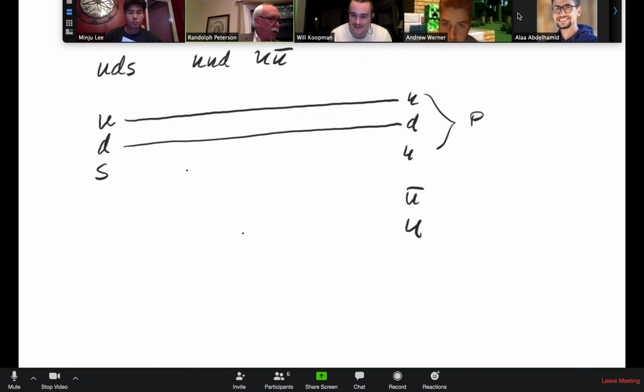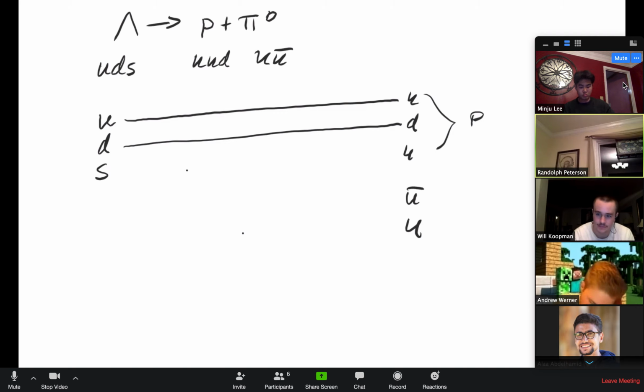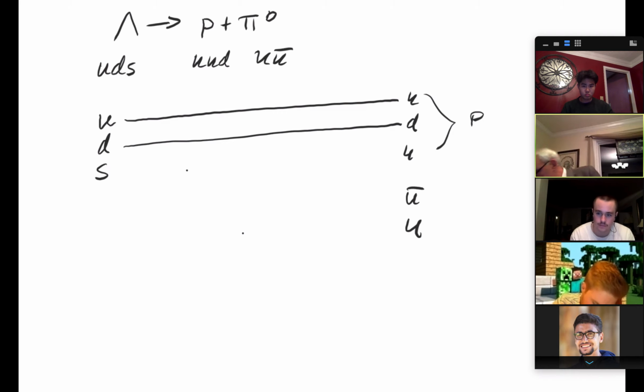Okay, so the W plus, a W minus will take a strange quark and turn it into a charm quark. I don't know what that does for us.